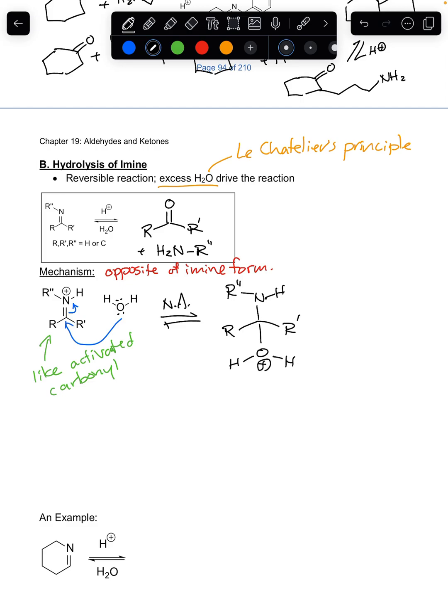And once the water adds, I hope it makes sense to you that this is the tetrahedral intermediate that you would get. And here you have your extra proton that's giving the oxygen the positive charge. But remember the rapid proton transfer principle: the proton can hop around between any heteroatom at any given time. Kind of messed up the arrow. So at any given moment, that extra proton could be on this nitrogen.